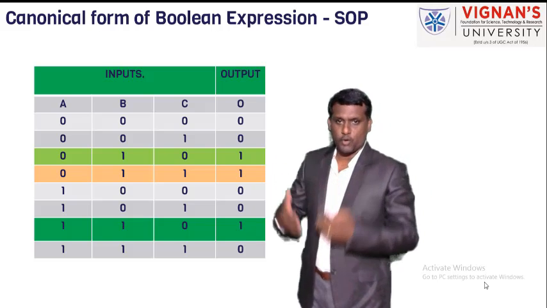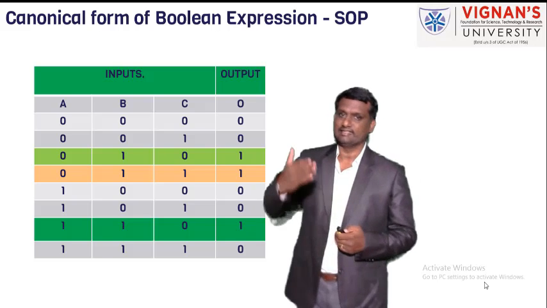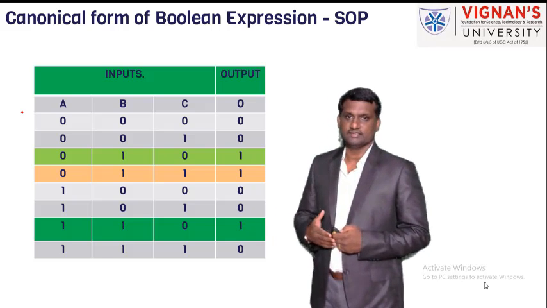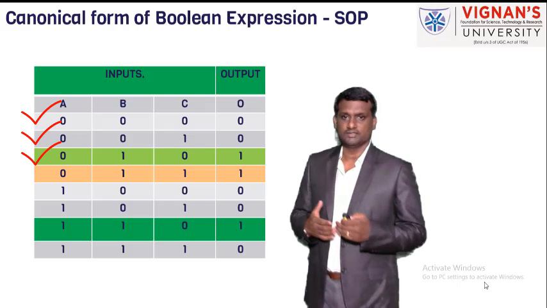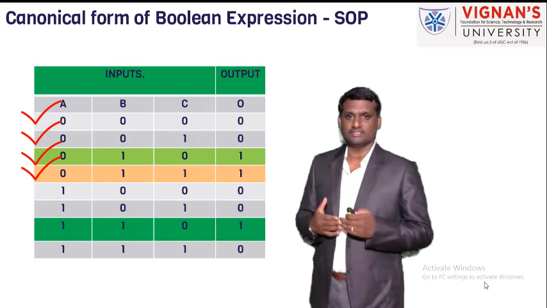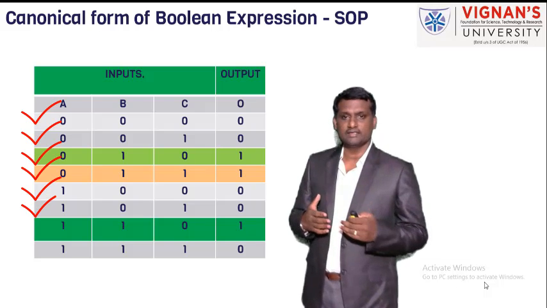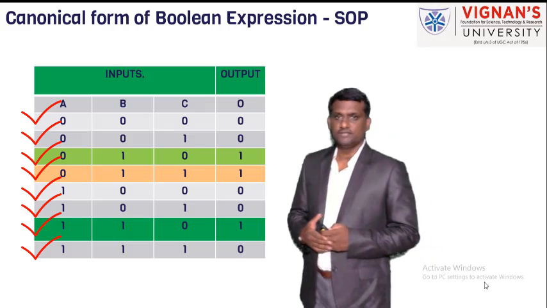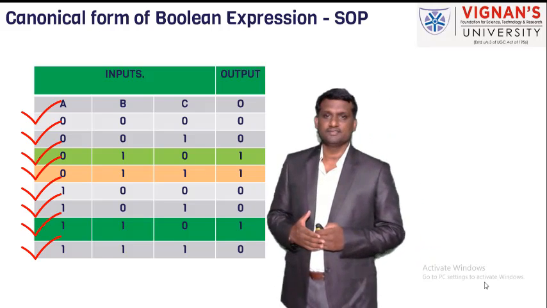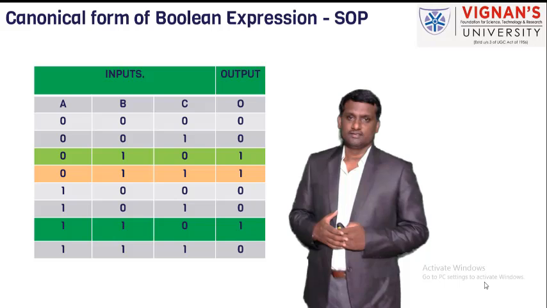All those 8 combinations are listed in this truth table as 000, 001, 010, 011, 100, 101, 110 and 111. These are the combinations of 3 variables.